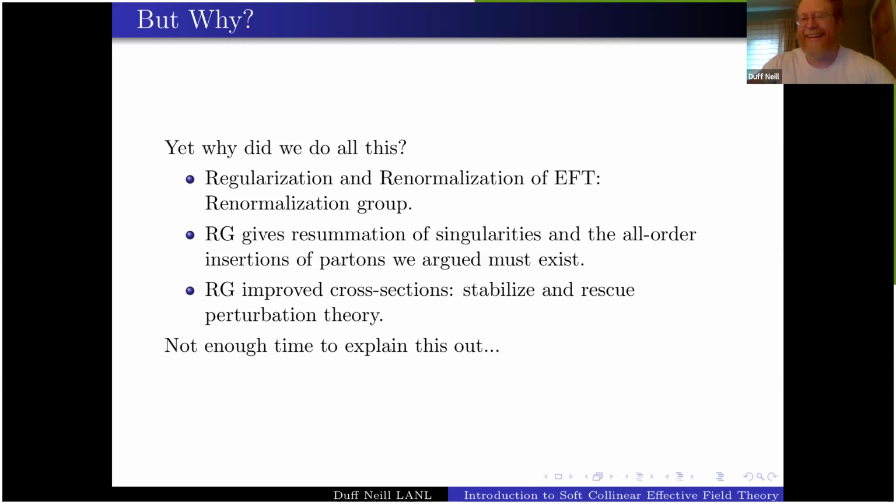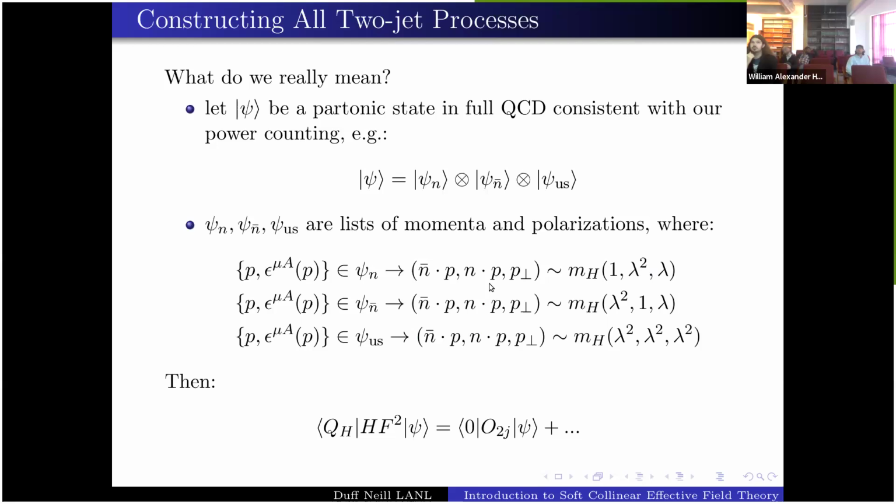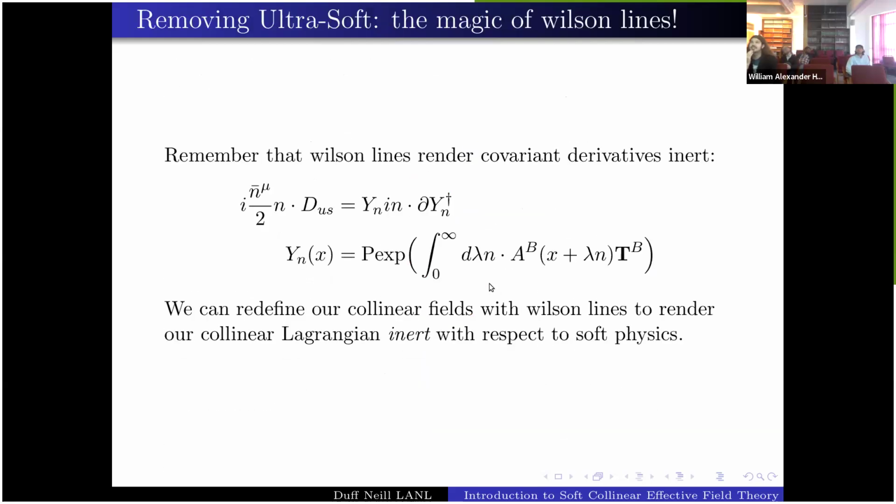I know. But okay, so questions from the floor. Yeah, please. When you made the covariant derivative inert with the Wilson lines, you made it sort of just a regular derivative. Does that change the power scaling?